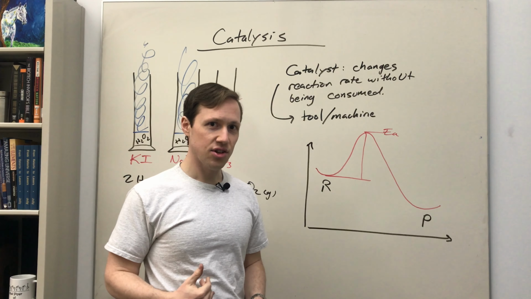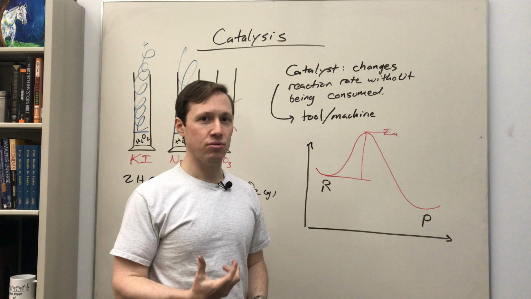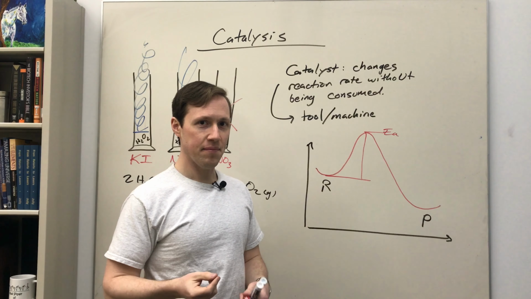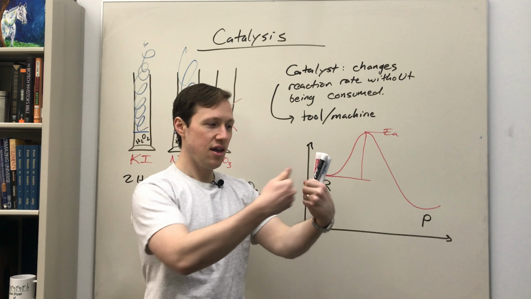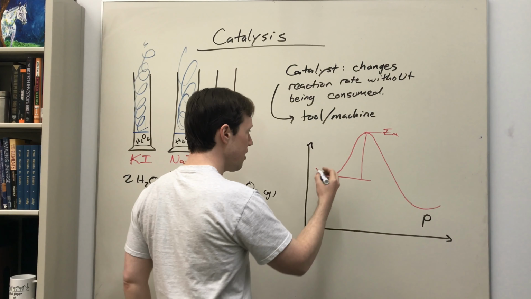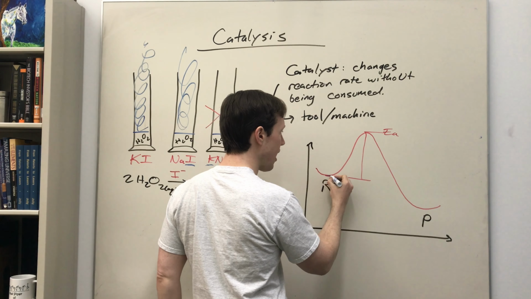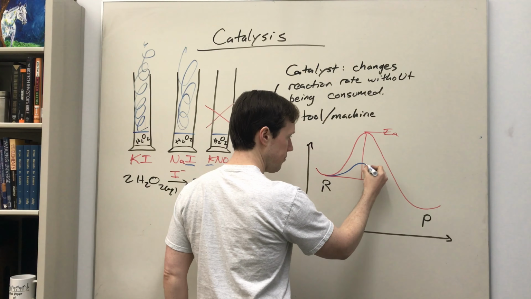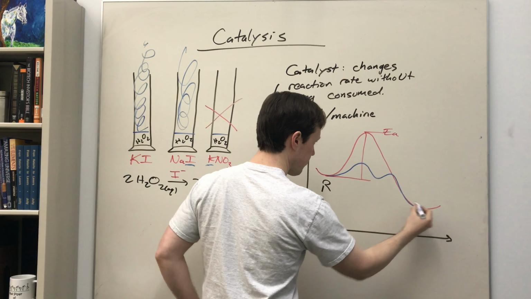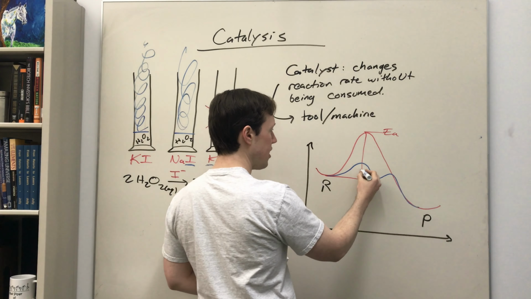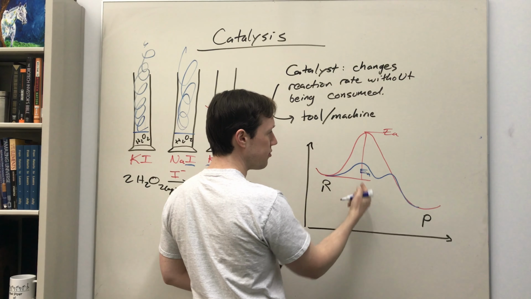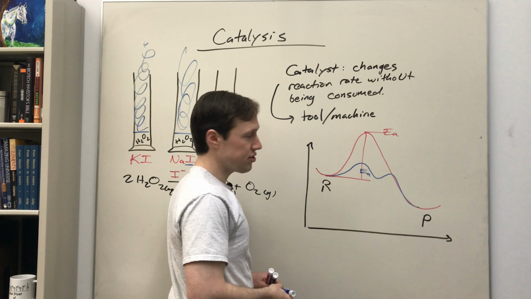Adding in a catalyst opens up a different pathway, typically a pathway with at least one new intermediate that consists of the catalyst attached to one or more of the reactants. That means that instead of having to go over that large barrier, a new pathway is taken, one that involves a different activation energy.